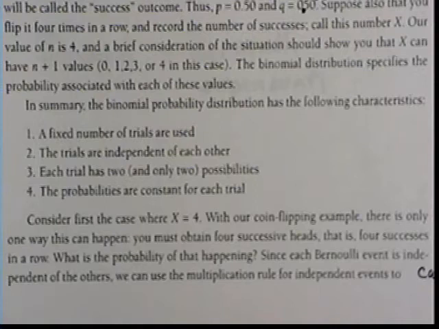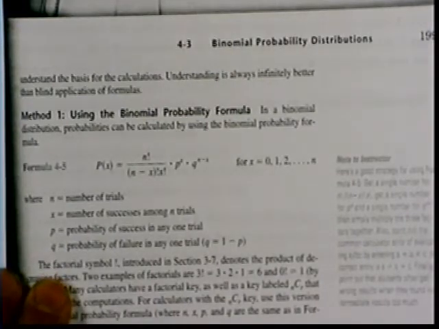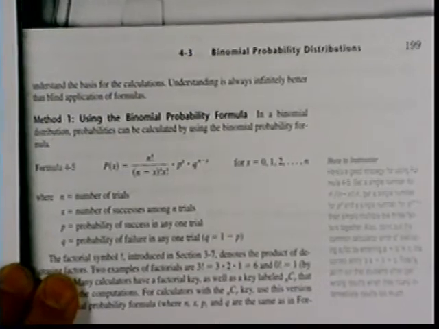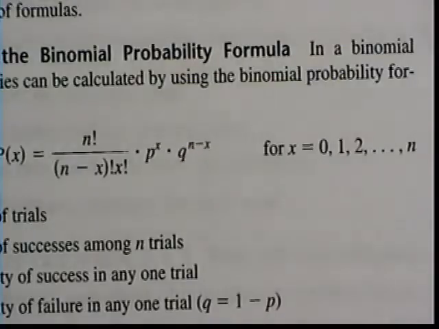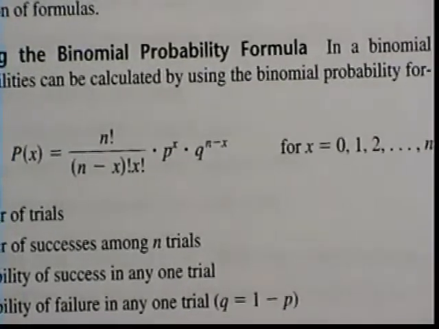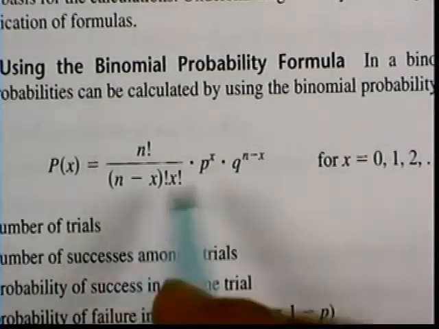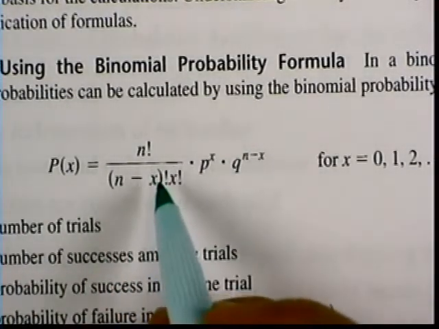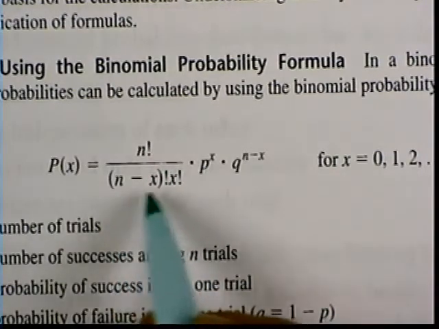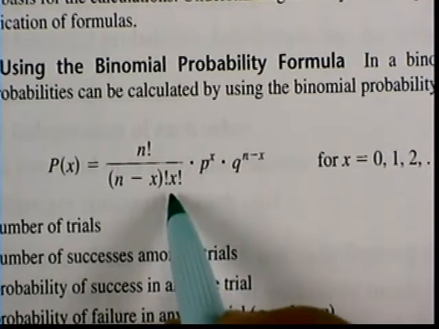Now, the formula. We used this in the last session, but we just sort of presented it, and we didn't do a good job of going through and saying this is what it is. So here is the formula. The probability of x is going to be n factorial over n minus x factorial times x factorial.